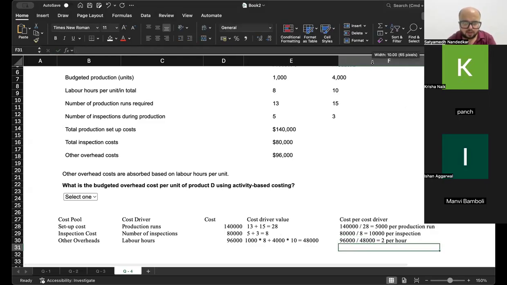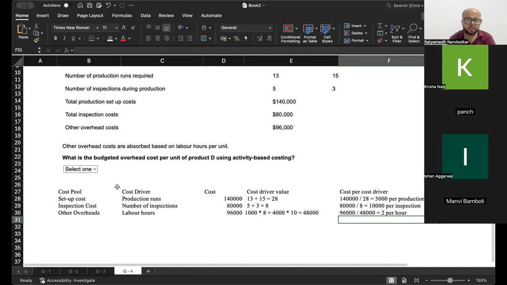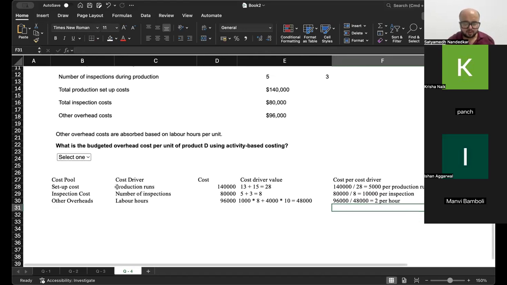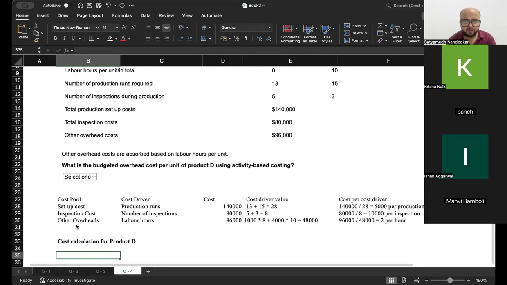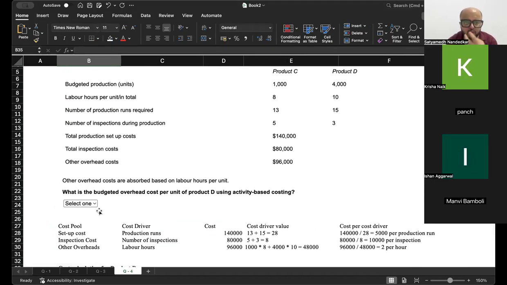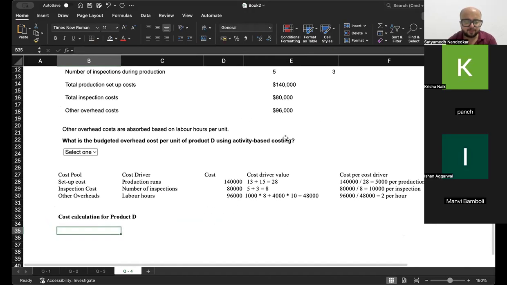Okay, we did this. Now, what is the budgeted overhead cost per unit of D using activity-based costing? So, cost calculation for product D. Let's start with the setup cost. What is the total number of setups? Total number of production runs is 15.